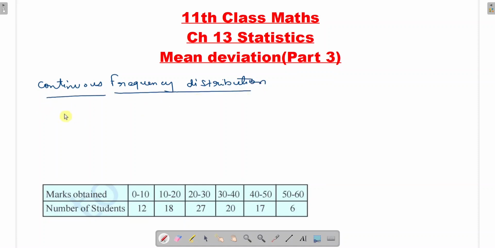So what is continuous frequency distribution? Continuous frequency distribution is a series in which the data are classified into different class intervals without gaps along with their respective frequencies.